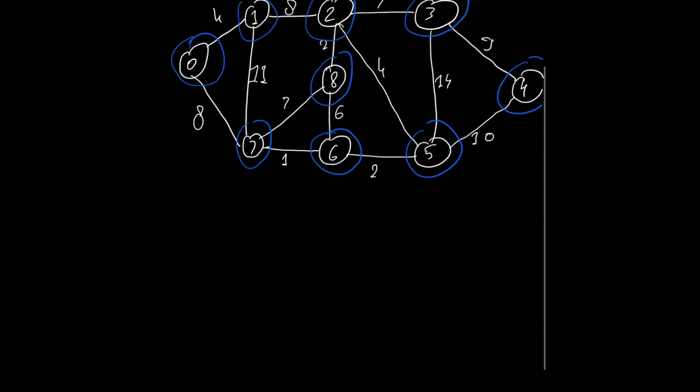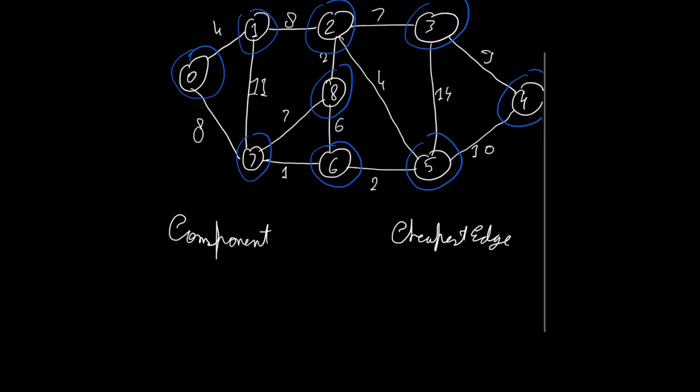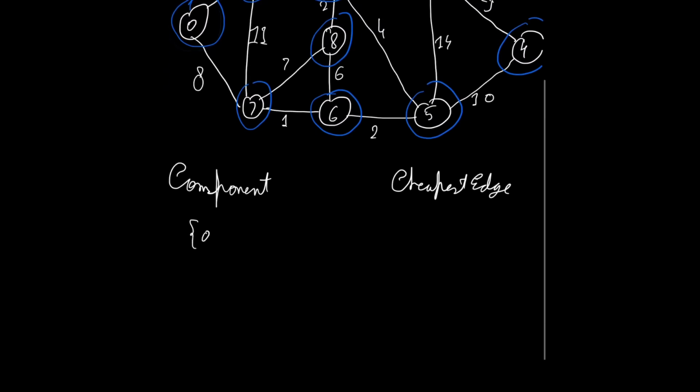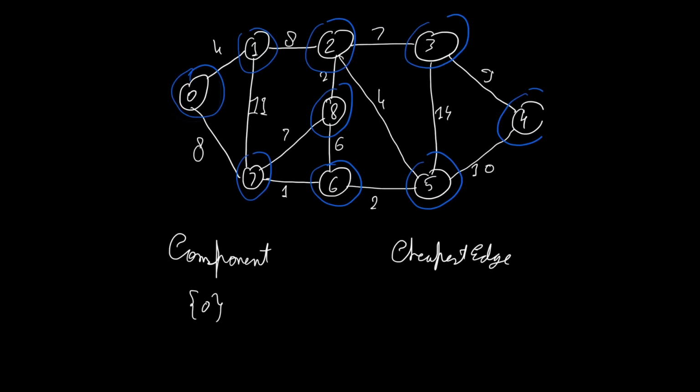So let's say we take the component 0. The cheapest edge here would be 0 to 1, as it is 4, while the other one, 0 to 7, is 8.